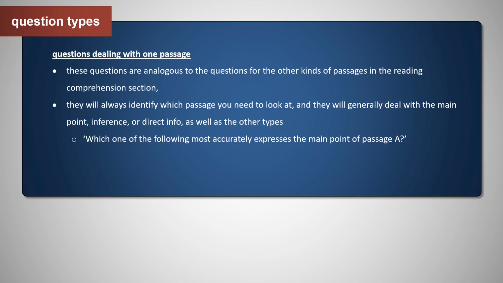For example: which one of the following most accurately expresses the main point of passage A? That's an example of a question dealing with just one passage. Obviously, just focus on the passage; it's a main point question. Or: which one of the following claims about the Roma is not made in passage A? This is actually something different from what we've seen, but it's essentially along the lines of a direct information except question. So that's the situation with the questions dealing with one passage.